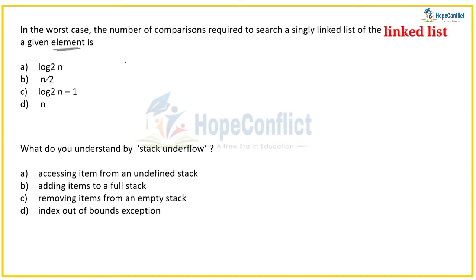That is going to be the worst case, because here you have to go through all the nodes and the last one is the node that you are looking for, and maybe the element is not even present in the linked list and you are going through all the elements. So what can be the worst case? N, or simply Big O of n, because here you have to do n comparisons to search for a particular element in the given linked list, right?